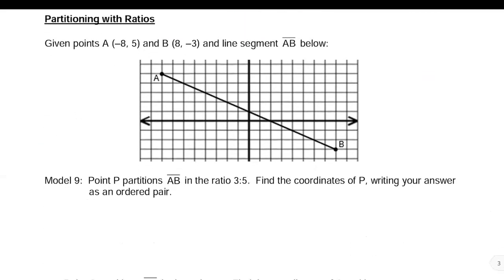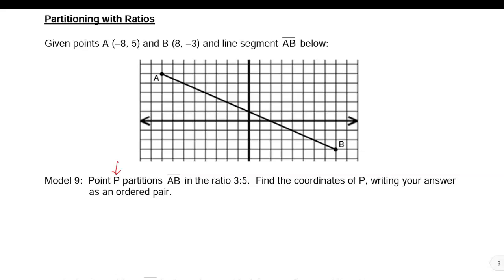Okay, the last page for partitioning is when they give us ratios. So I'm going to look at the points A and B, and we have segment AB here. And now point P is in between A and B again.